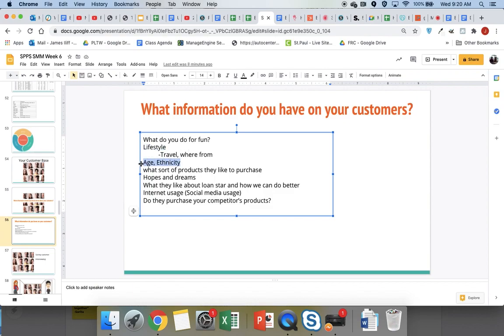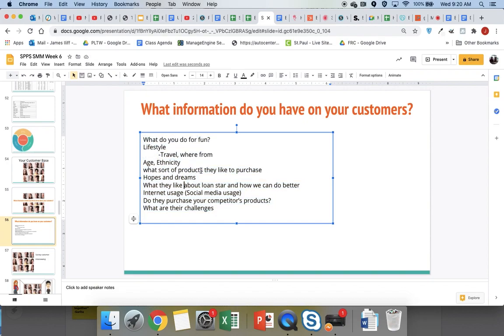Their age and ethnicity, what sort of products they like to purchase, their hopes and dreams, what they like about your company, and what they feel like your company could do better, their internet usage, which also kind of incorporates their social media usage, and do they purchase products from your competitors? I would add some here, like, what are their challenges in life?